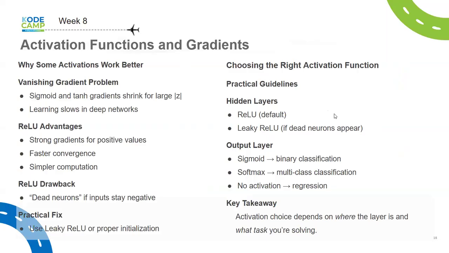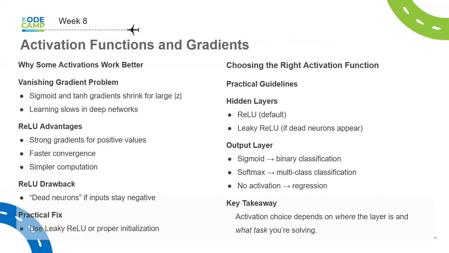So let's talk about the gradients of these. I mentioned a few of that a little bit earlier on. Some activation functions work better in some situations and do very poorly in other situations. So the choice of activation function actually depends on the problem you're trying to solve. It's very key.